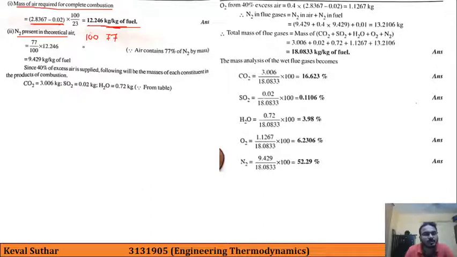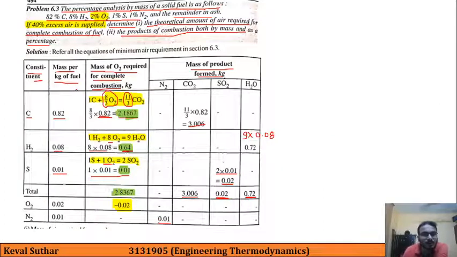Here we have 12.246 kg of air, so how much will be required? We do cross multiplication and finally we get this arrangement. So 9.429 kg of nitrogen is present in the theoretical air per kg of fuel. Now if you recall our question, 40% excess air is provided.